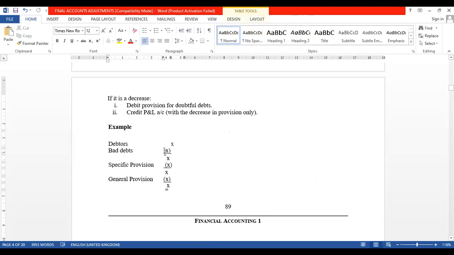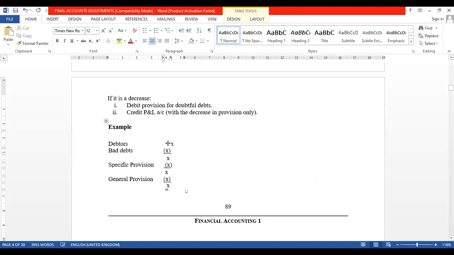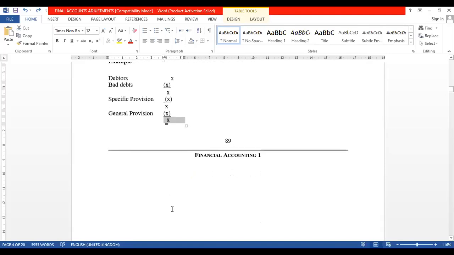You can see here, this is an illustration, where you have debtors, you subtract bad debts completely, because these are bad debts written off. Then you get the net balance there. Then you subtract specific and general provision to get the amount that goes to the balance sheet.